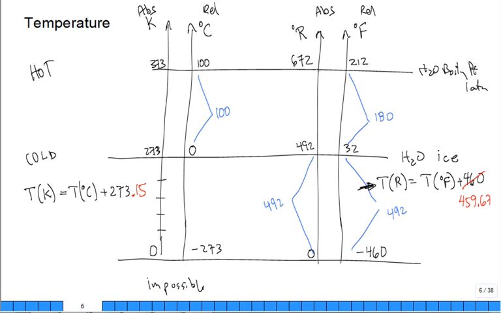Let me emphasize here that if I have a 1 degree C temperature change, that's equal to a 1.8 degree F temperature change. True or false? Right? A 1 degree C temperature change is also equal to a 1 Kelvin temperature change. True or false?